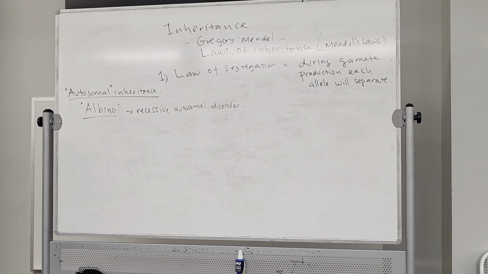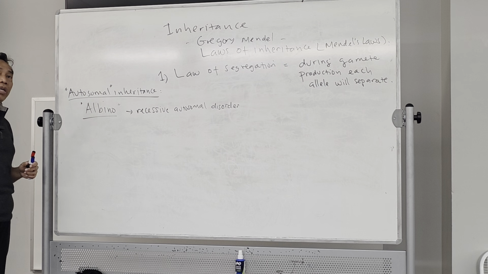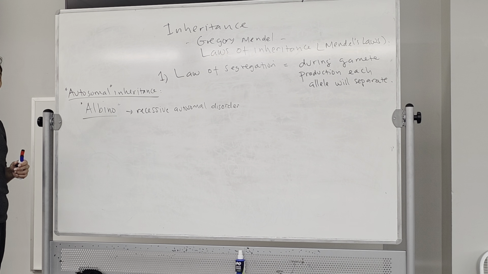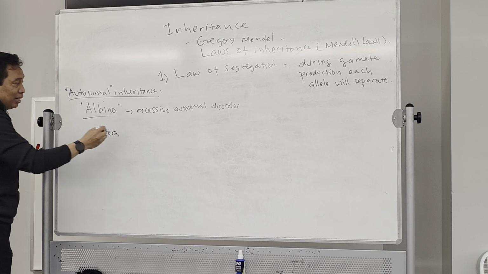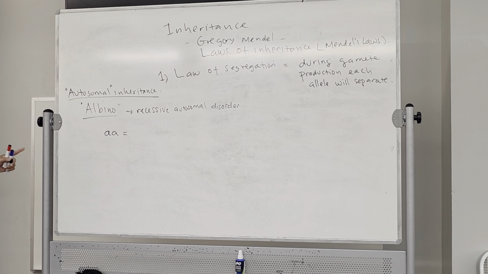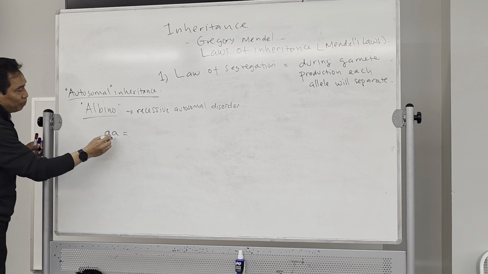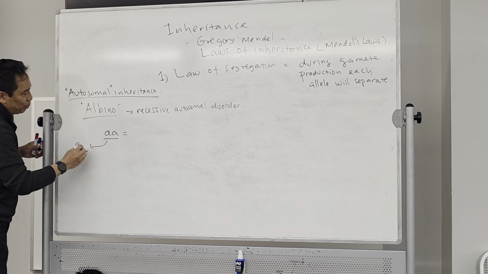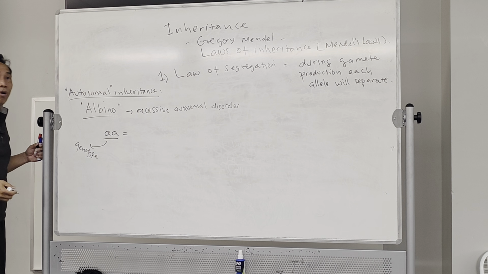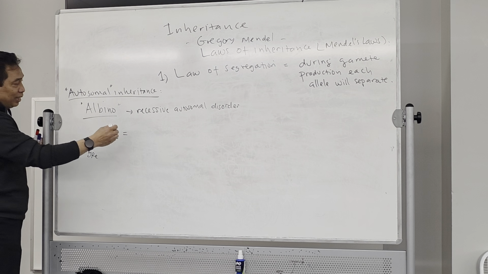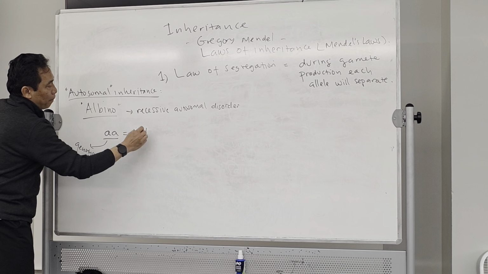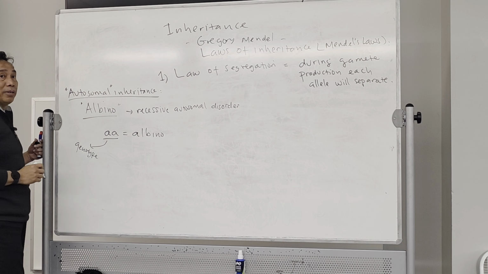It means that the one who has albino will only have one combination of alleles, which is both lowercase. Let's say we use the letter A as the allele, so it's going to be both lowercase. If you see someone with albinism, then you will know the genotype. This is what we call the genotype. It will be homozygous recessive. So this lowercase a will show up as albino.